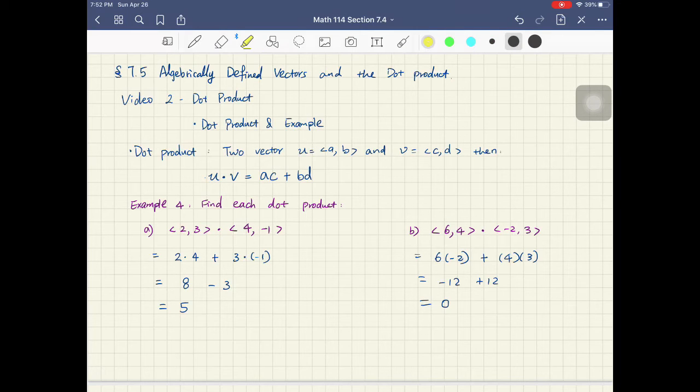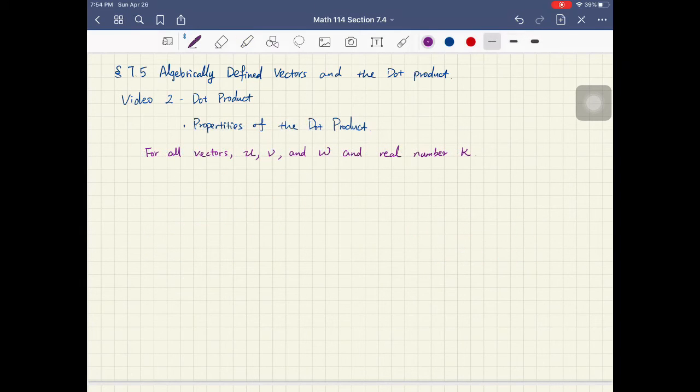The last part we're going to talk about is the properties of the dot product. Here we're using three vectors, u, v, and w, and a real number k. We have 6 properties to cover. The first one is that u dot v is the same as v dot u.